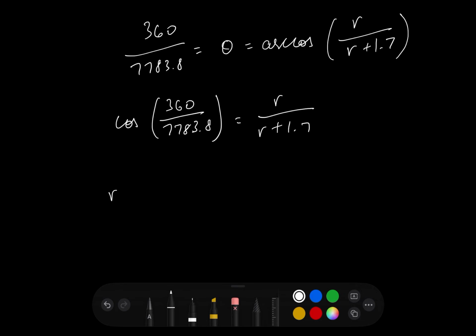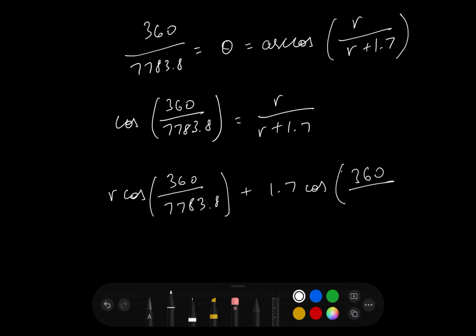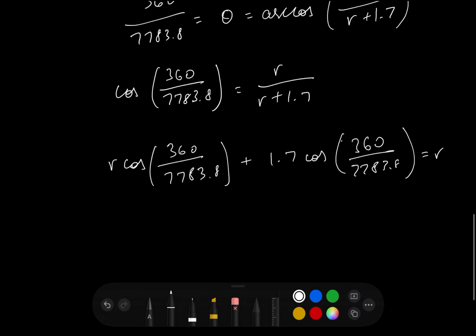And now we're just doing algebra really. r times cosine of 360 by 7783.8 plus 1.7 cosine 360 by 7783.8 is equal to r.